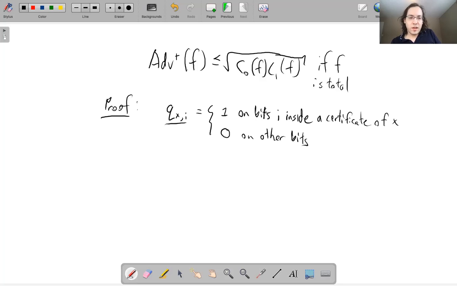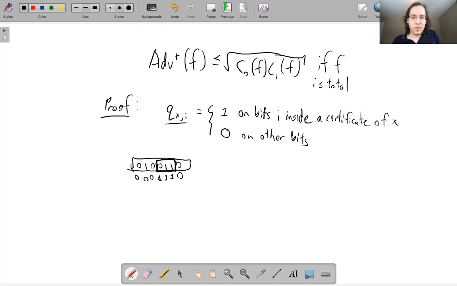Basically, if the string is 0, 1, 0, 0, 1, 1, 0, and suppose those 3 bits over here together form a certificate, then our weight scheme is we will give this bit a 1, this bit a 1, this bit a 1, and we will give all the other bits weight 0.